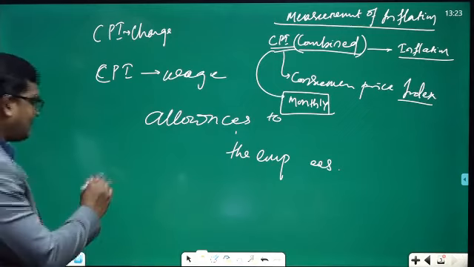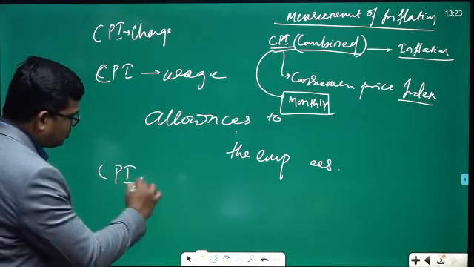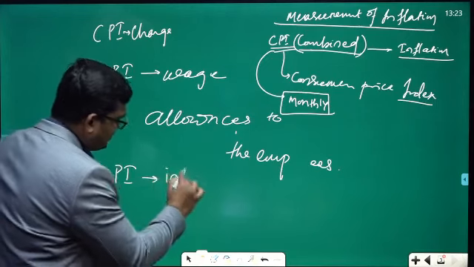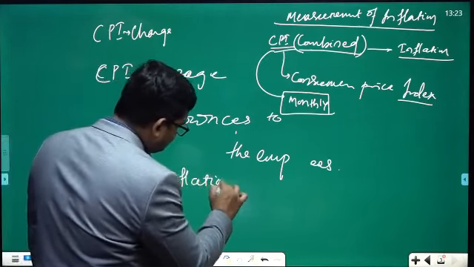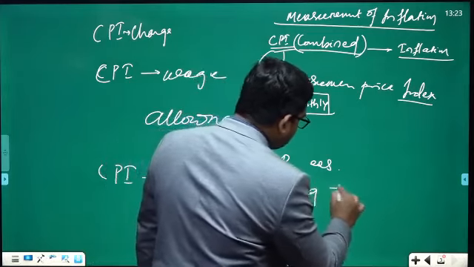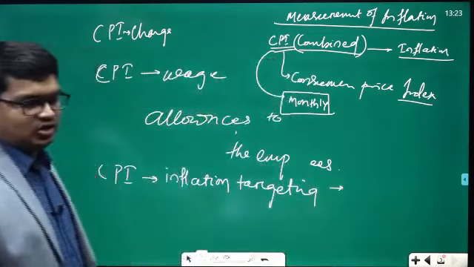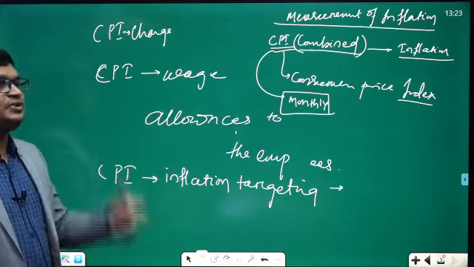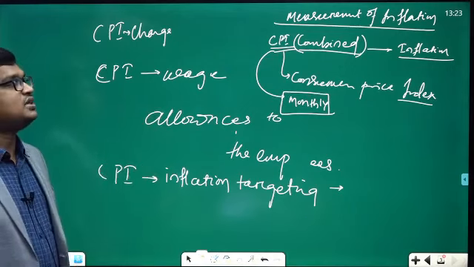And finally, CPI is used by RBI for inflation targeting, which means to control inflation in the economy, because the CPI is used to measure the inflation.